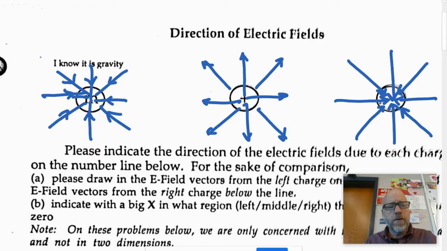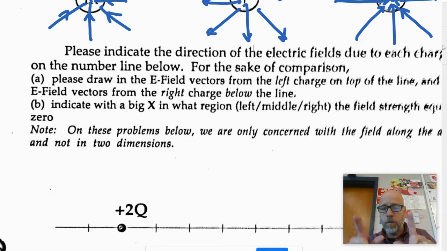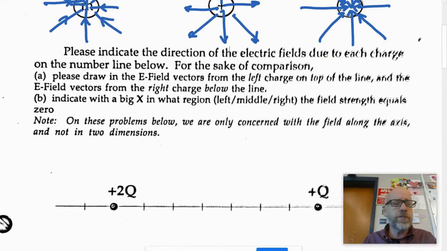Here's where we have a classic type of physics problem. What's going to happen if we put these on a number line? What I want you to do is please indicate the direction of the electric fields due to each charge on the number line below. For the sake of comparison, draw in the electric fields from the left charge on top of the line and from the right charge below the line.